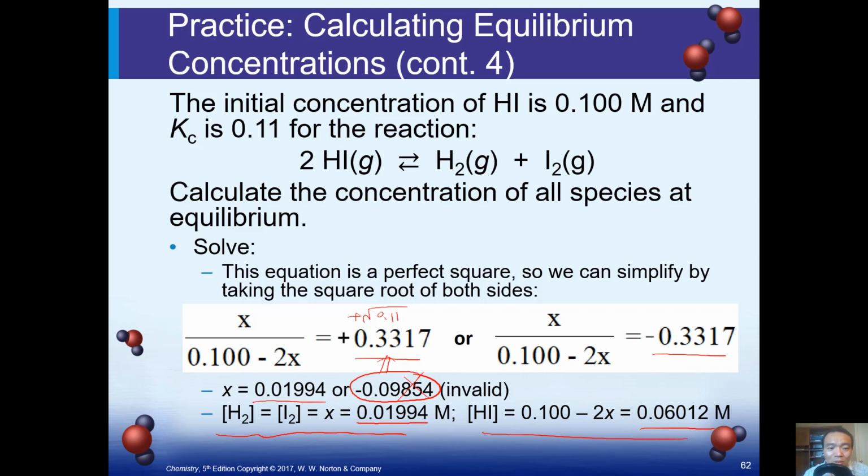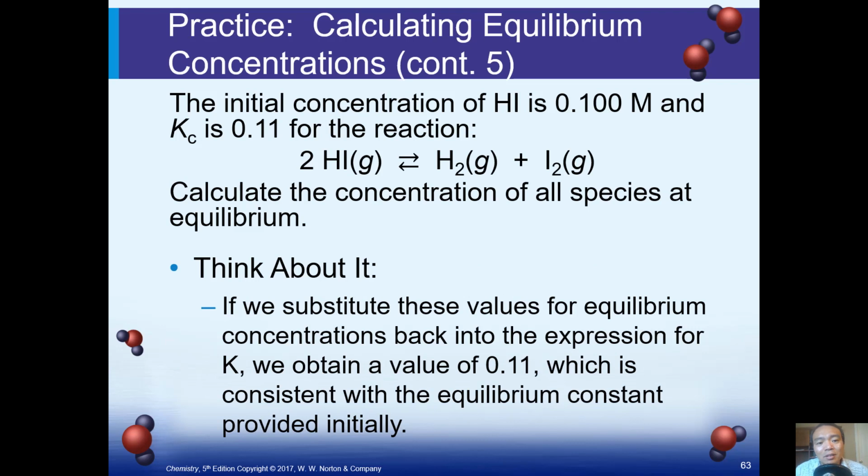And that's all you need to know about how to do the calculations based on the equilibrium constant using the so-called RICE table or ICE table. Let's summarize everything for this type of calculation. Basically, if you are given initial concentrations and the equilibrium constant, either Kc or Kp, all right?